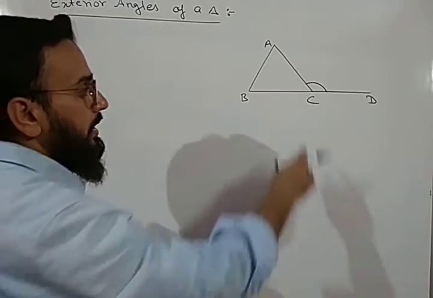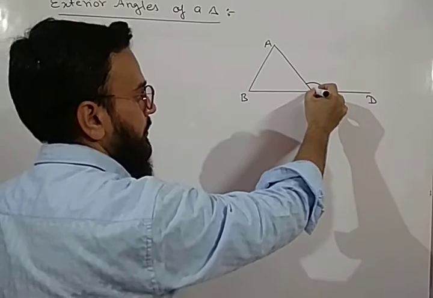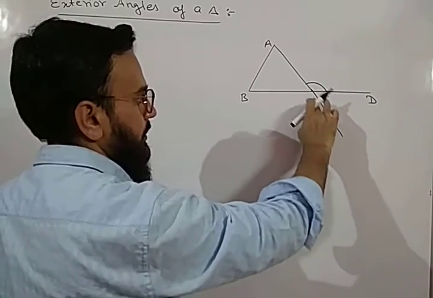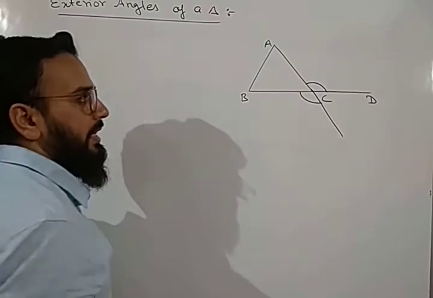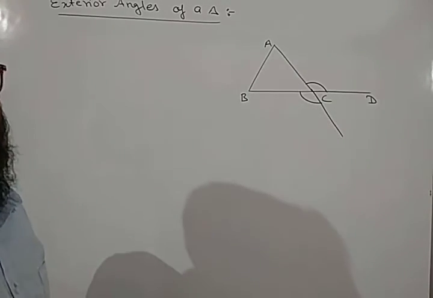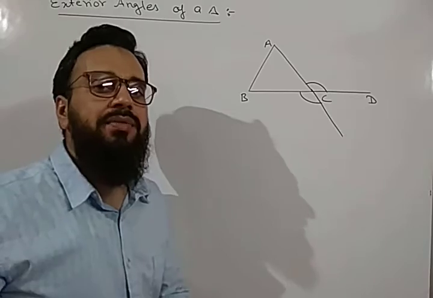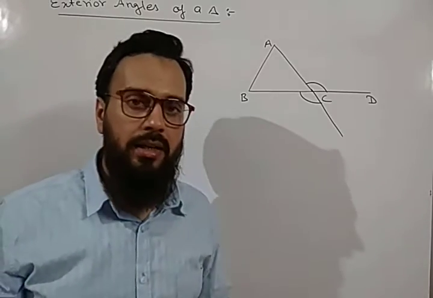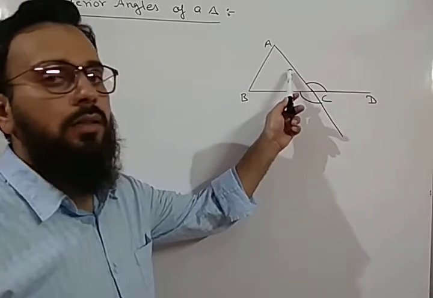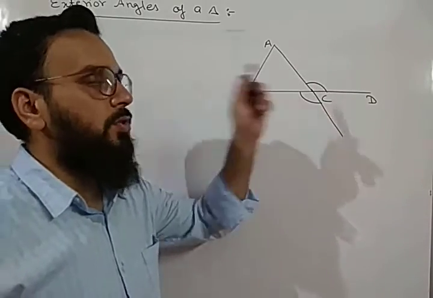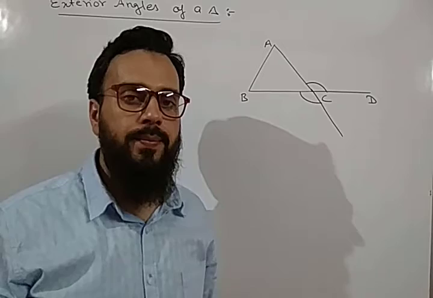Similarly, if we extend side AC, then this angle will be formed. This angle will be called as exterior angle. So what is exterior angle? Whenever we extend any one side of a triangle, then the angle formed by that side and the other side, that angle is called exterior angle of a triangle.